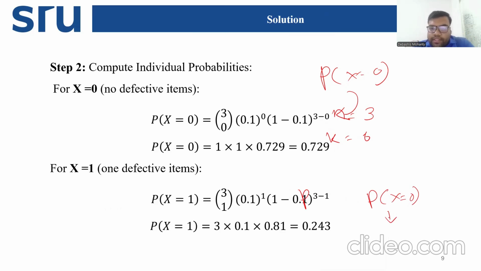We can calculate this value using 3C0 times 0.1 to the power 0, times (1 minus 0.1) raised to the power 3 minus 0. That is very important, okay, students.